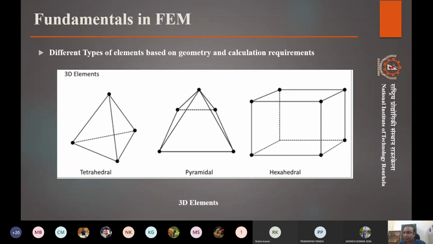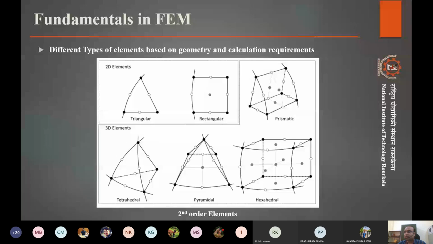And in terms of 3D as well, till now we were discussing 2D, so in 3D also, tetrahedral elements are there, and pyramidal and hexahedral, or cubical or cuboidal elements can be there. And these also can be second order. Second order elements basically have non-linear edges. The advantage of non-linear edges is that it is sometimes very good for representing curved geometry.